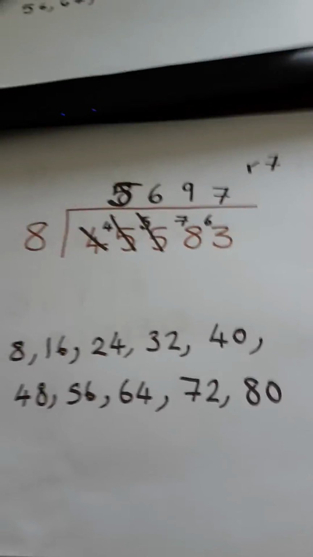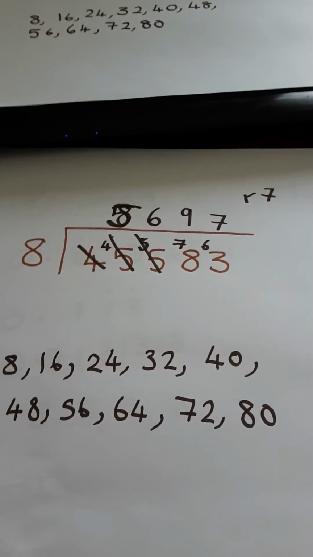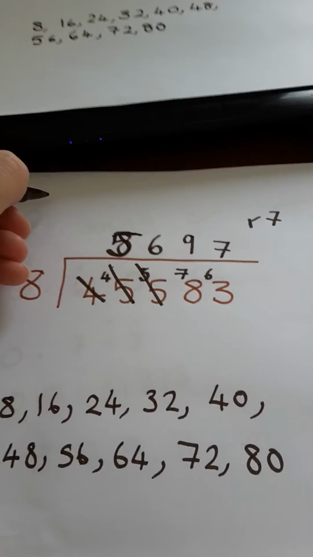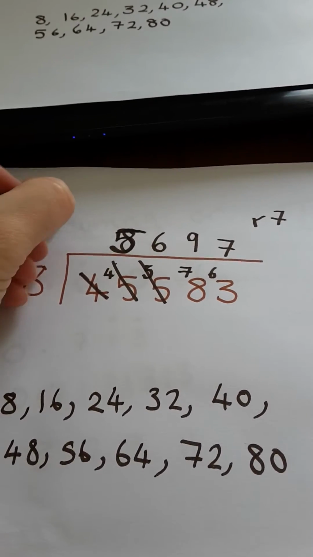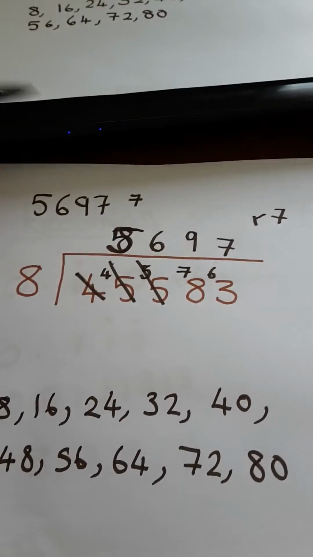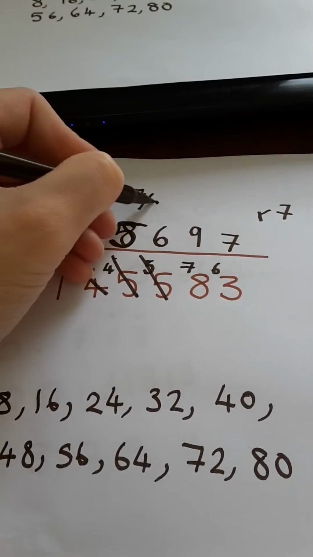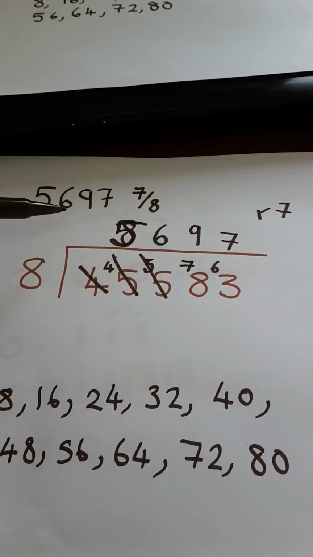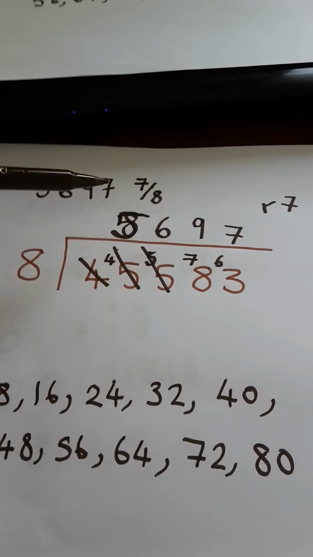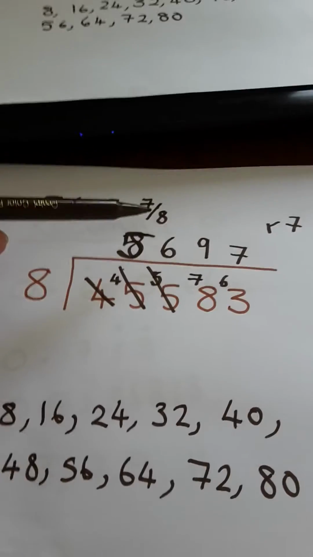At primary school, you probably stopped here. The only problem with that is, technically, the amount of 8 that will go into our number has a remainder of 7, and you should write 7 divided by 8, or 7/8. So we have 5,697 and 7/8.